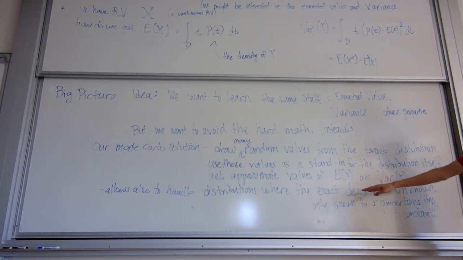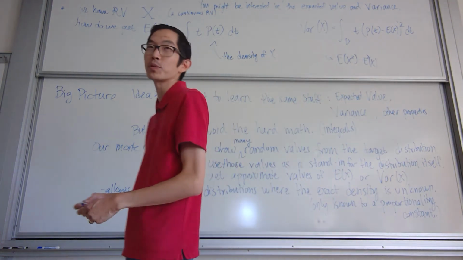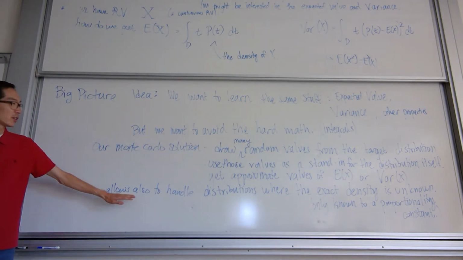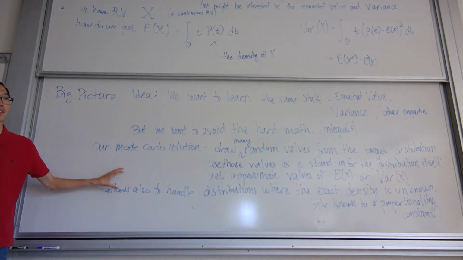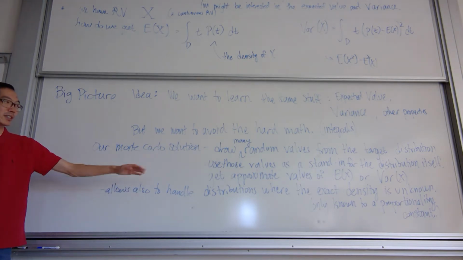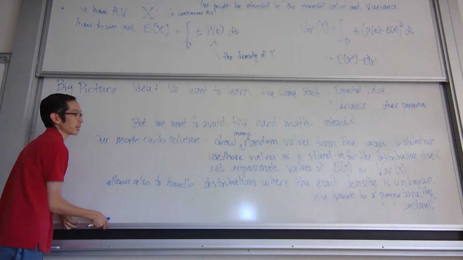You'll end up with distributions where the exact form is unknown, but it's known up to a proportionality constant. And so Monte Carlo methods allow us to answer the questions even though we don't know the exact form of the density. It's worth putting up Bayes' rule just to remind you of that.